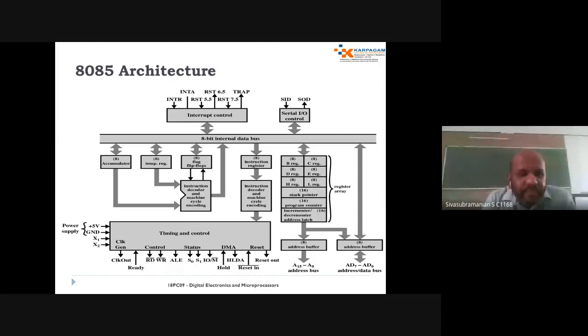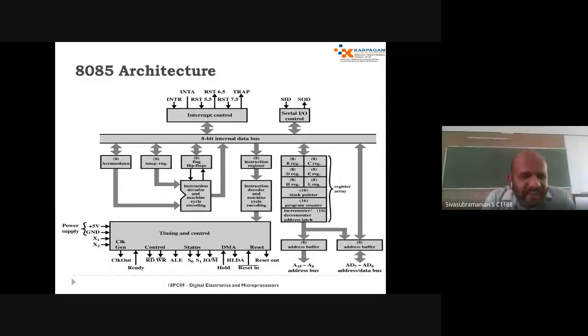So we need to synchronize the speed between the CPU and the peripheral device. Either match your peripheral device to the speed of your CPU, or slow down your CPU speed to the level of the peripheral device. Both ways are possible, right? For that process, your READY signal is used.